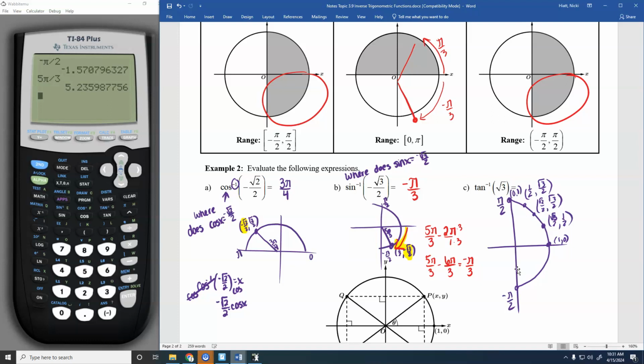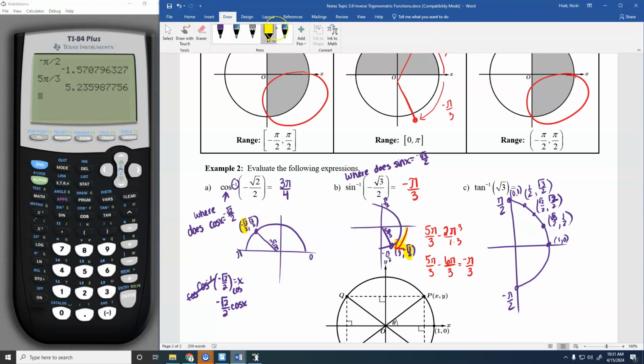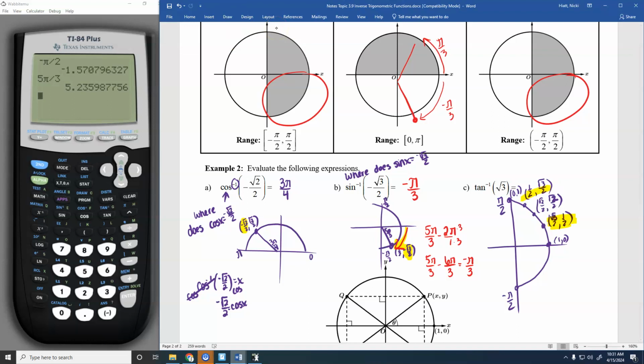So it's somewhere in here. But there should only be 2 of those that look possible. Which ones look like they might give you square root of 3? The ones that have a square root of 3, so you're looking at either here or here. It's either at pi over 6 or pi over 3.